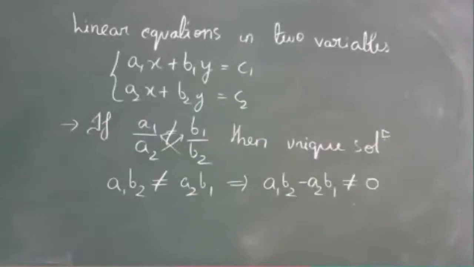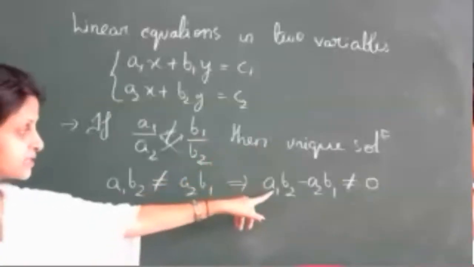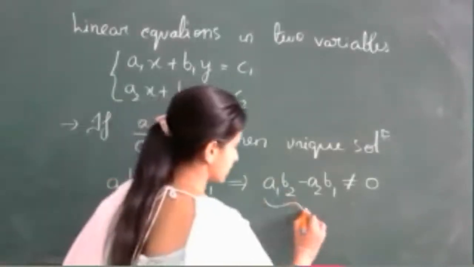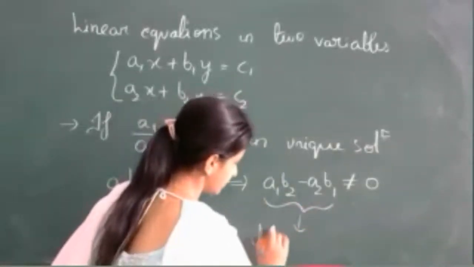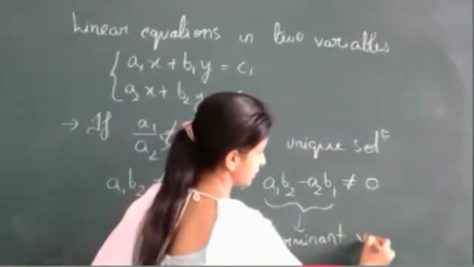So I can write it as a1 b2 minus a2 b1. This is actually, students, the determinant value. This is actually a determinant.